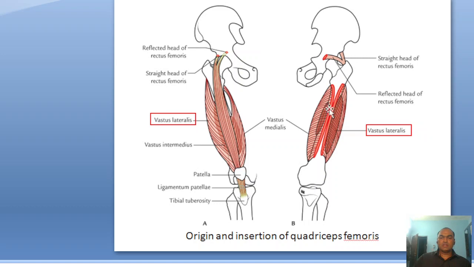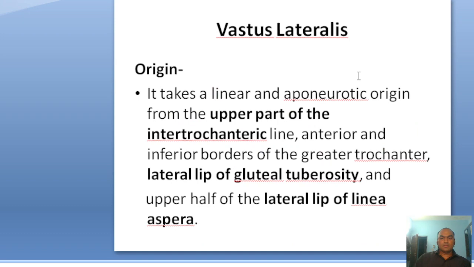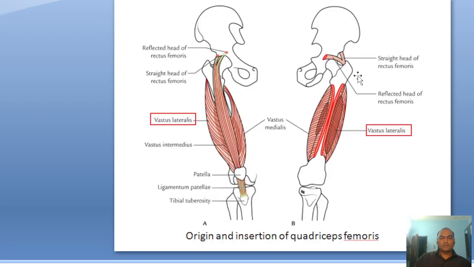So, the lateral lip of the gluteal tuberosity, then the greater trochanter, and then trace with the intertrochanteric line.